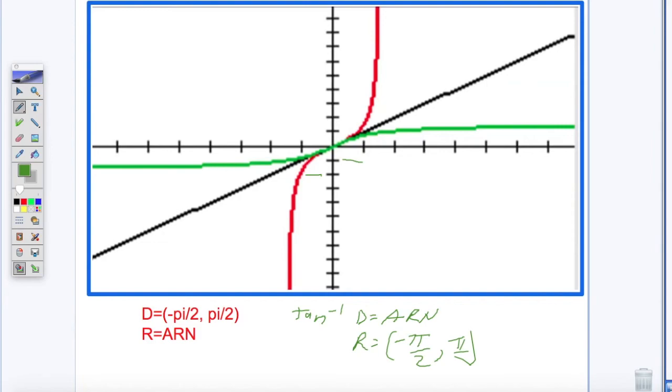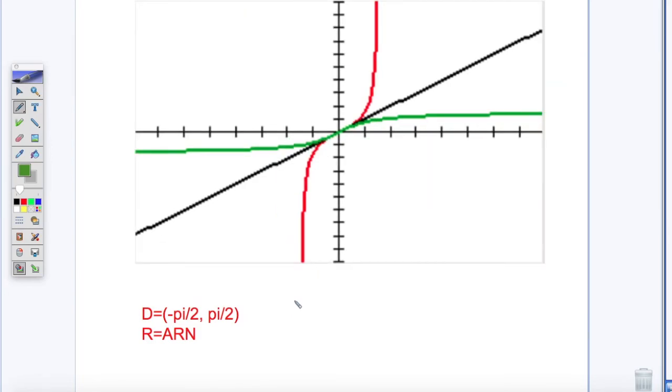So we're actually going to talk more in depth in the next video about how to do this. So again, domain is all real numbers, range is -pi/2 to pi/2.